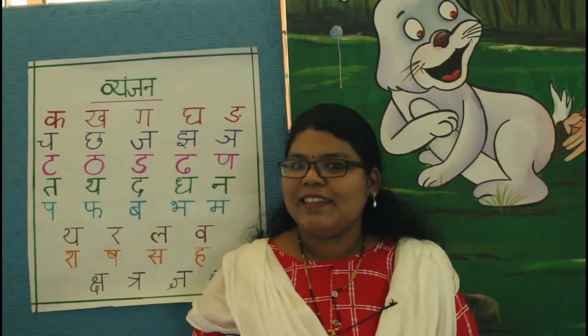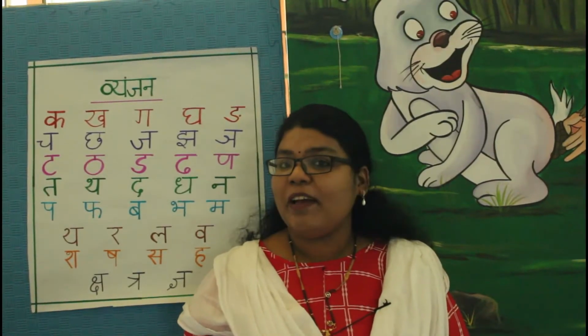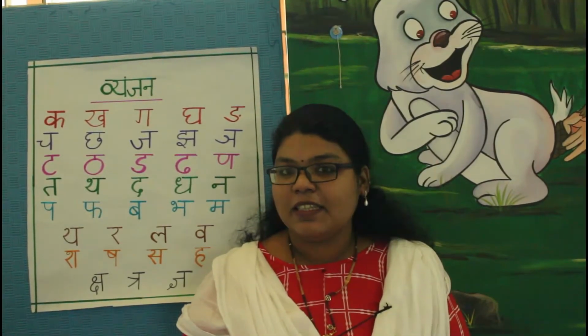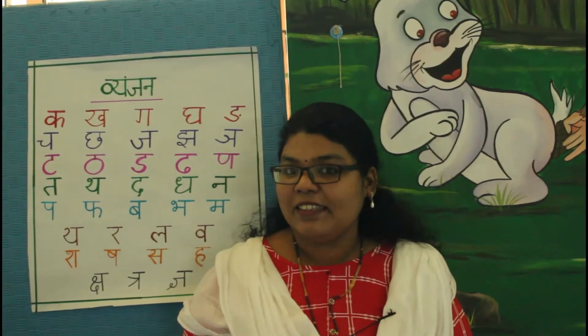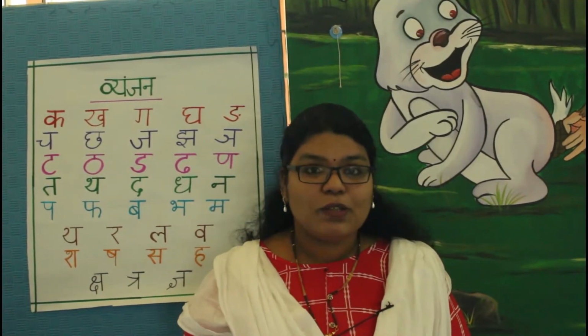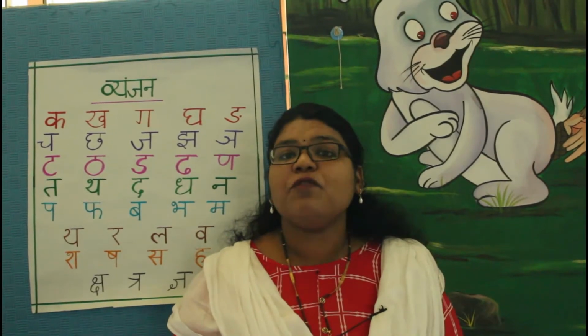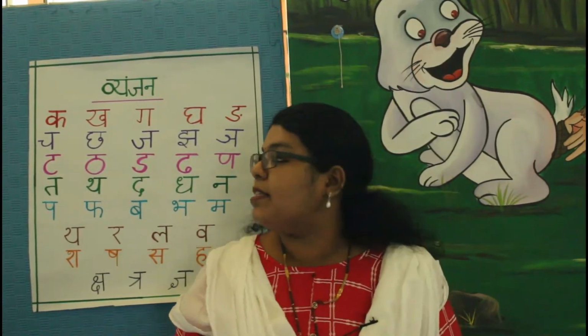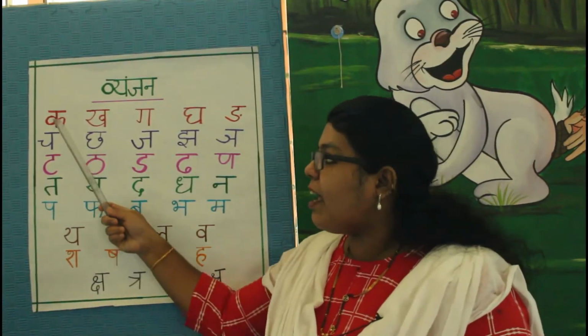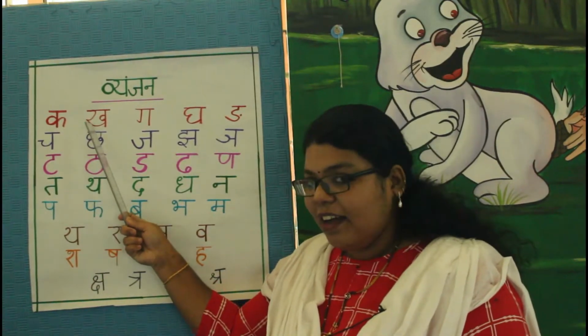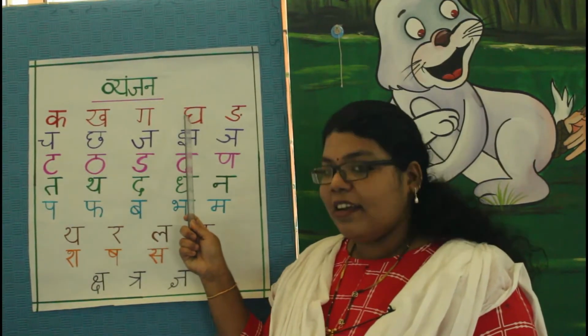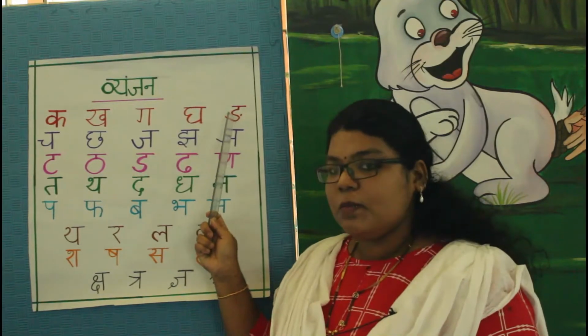Understood? Children, do you remember what we have learnt in your previous class? Yes, vyanjan, consonants. We have learnt the first 5 consonants. And what are they? Ka, kha, ga, gha, nga. Once more.